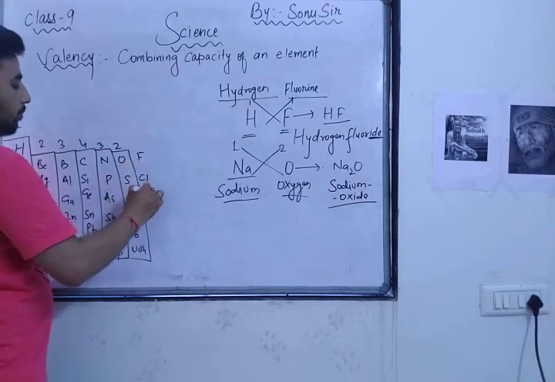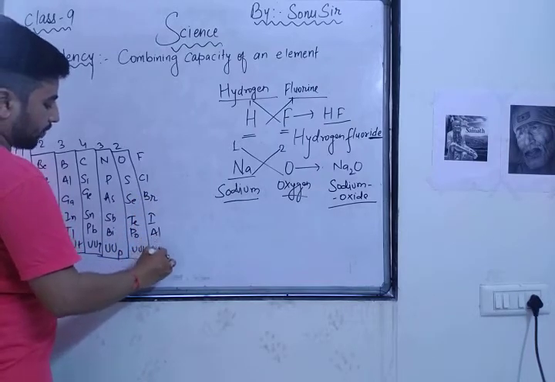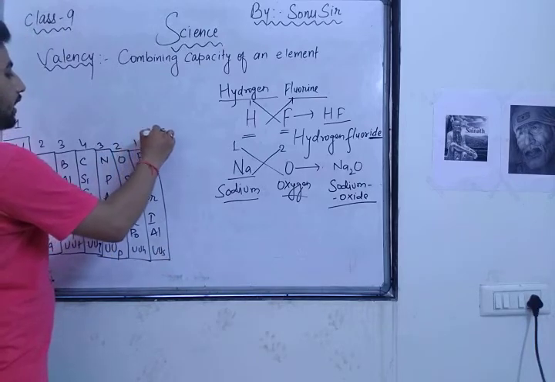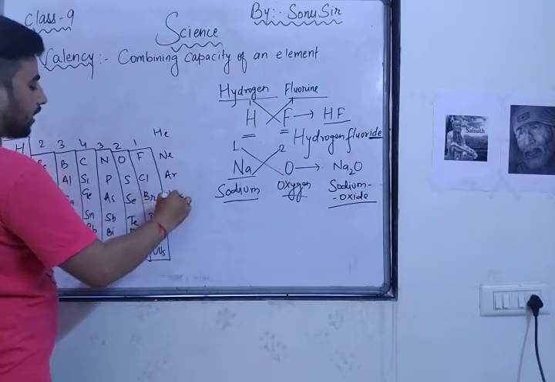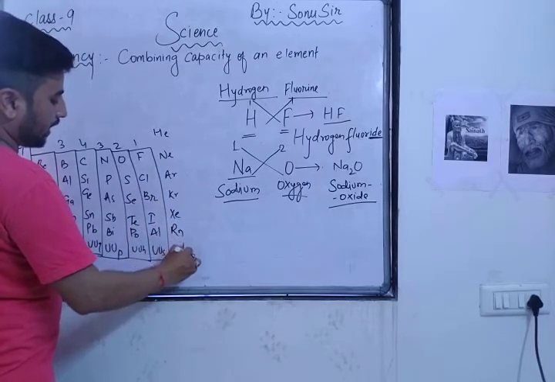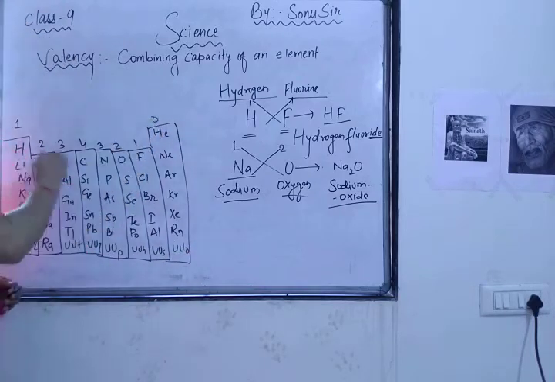Fluorine, chlorine, bromine, iodine, astatine, and septium or eka. These all elements have valency 1. Helium, neon, argon, krypton, xenon, radon, octium. All these elements have valency 0. So you have seen these valencies of the elements.